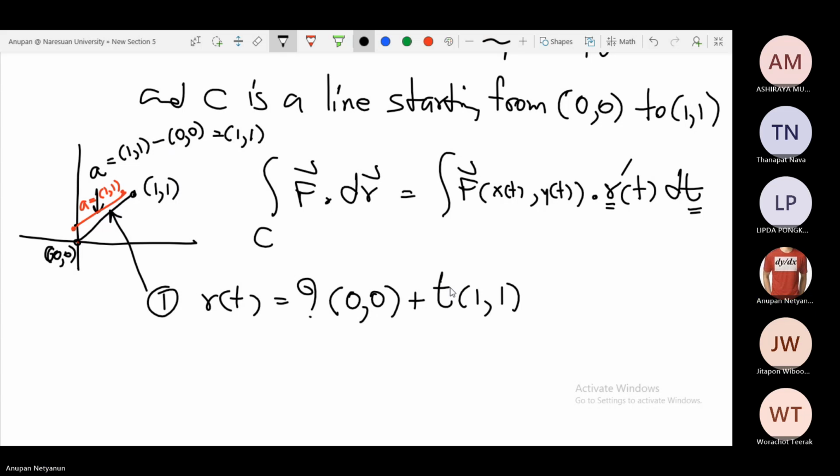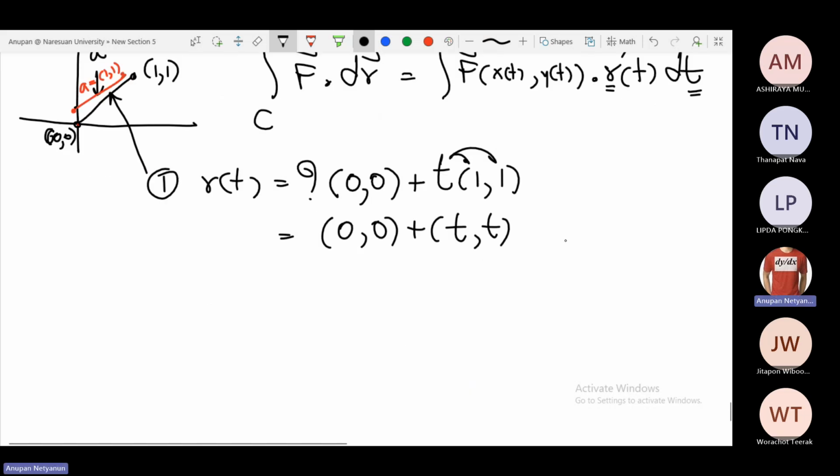Okay. Now you can see that if I simplify everything, I have 0, 0 plus, distributing t, I have t, t, right?